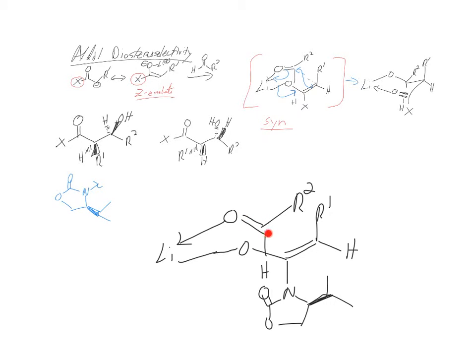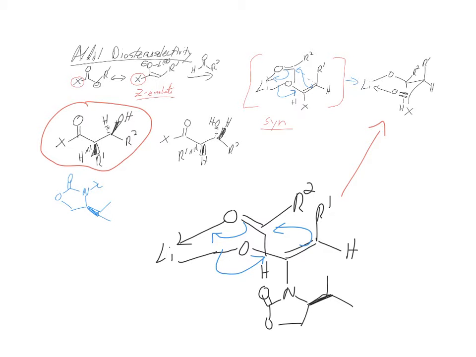I'm picking this side, the front attack versus the back attack, based on this stereocenter. So the mechanism essentially stays the same. Electrons go down, attack there, electrons go there. It gets us to this intermediate, which then with H plus will get us to this one enantiomer that we form in this case.